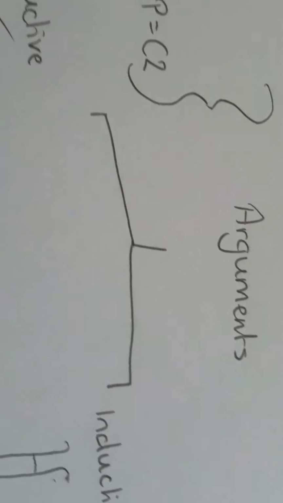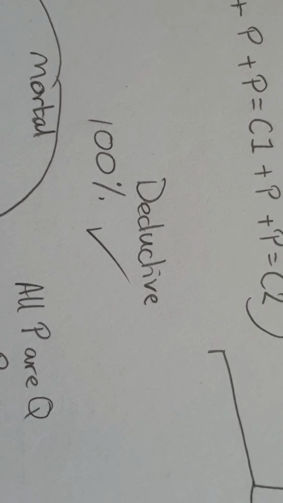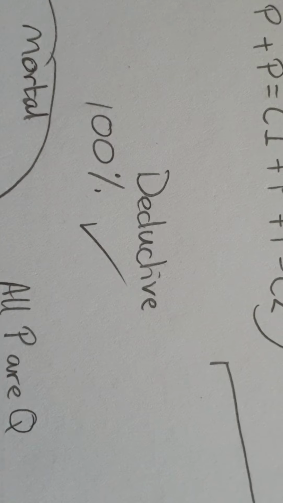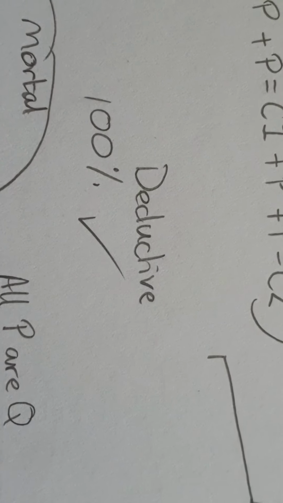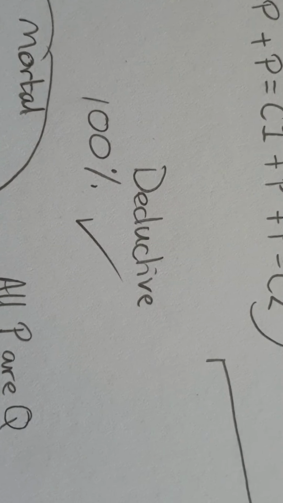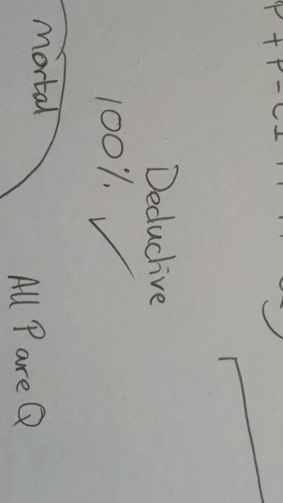Arguments tend to be either deductive arguments, which are arguments where the conclusion is 100% certain and most definitely has to be agreed based on the premises that are put forward.